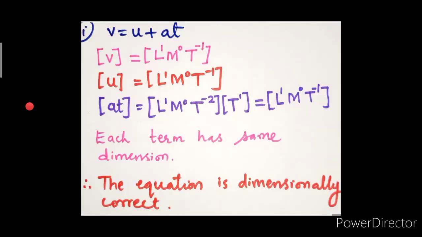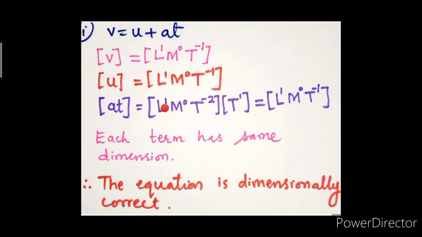So here again we have to check whether the dimension of each term involved in the formula is the same or not. One term is V, another term is u and the third term is at. As V and u are the final and initial velocity, they have the same dimension, that is L1 M0 T minus 1. Then for at, we have to determine the dimension.